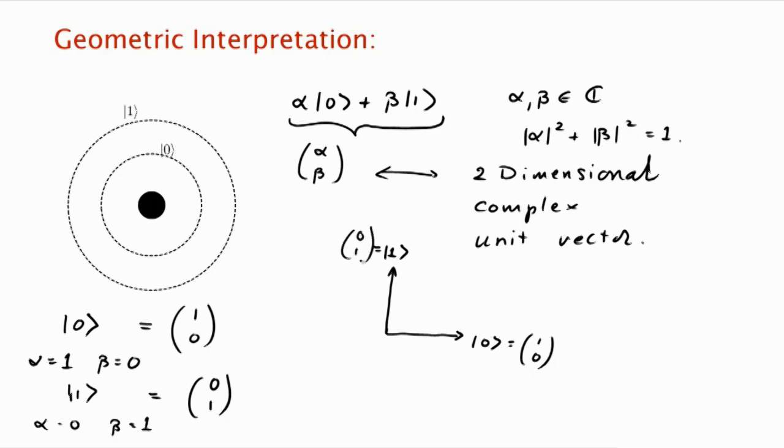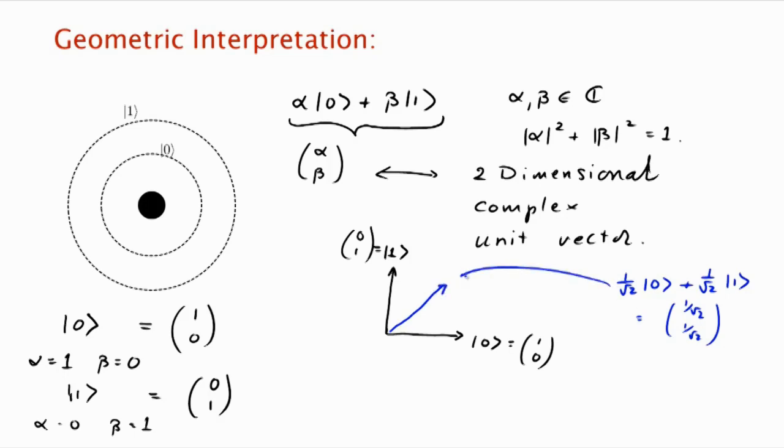And now let's just draw a few other vectors in here. So for example, if you had the state 1 over square root 2 times |0> plus 1 over square root 2 times |1>, where would this sit? Well, in your usual vector notation, you would write this as (1/sqrt2, 1/sqrt2), and it sits like this.